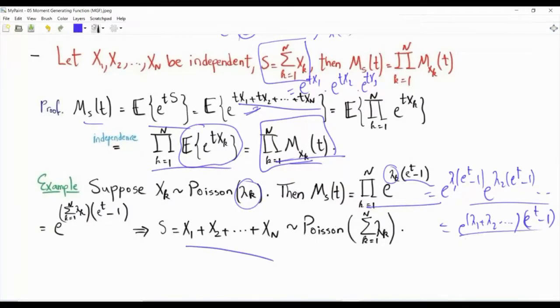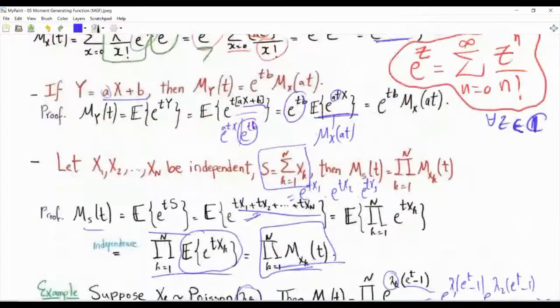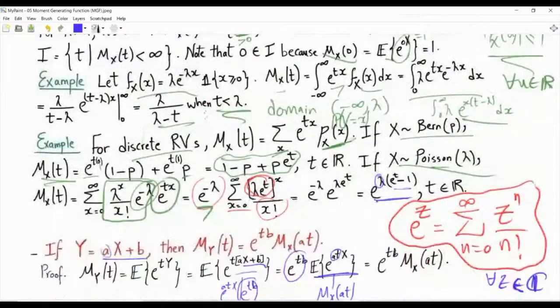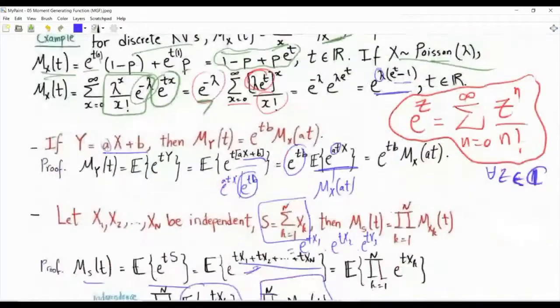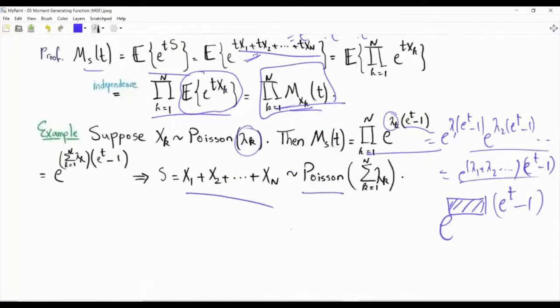So the moment generating function of the sum looks like e to the (constant)(e to the t minus 1), with a positive constant. This looks exactly like the moment generating function of a Poisson random variable. So the sum is Poisson, and the parameter of the Poisson is the sum of the parameters of those entering into the sum.